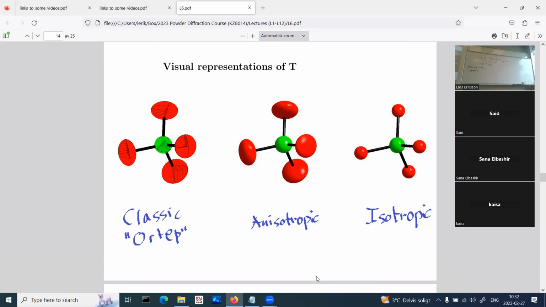And the ellipsoids are sometimes described by the classic ORTEP, where one cuts out 1/8 of the probability. ORTEP is the Oak Ridge Thermal Ellipsoid Plotting Program.